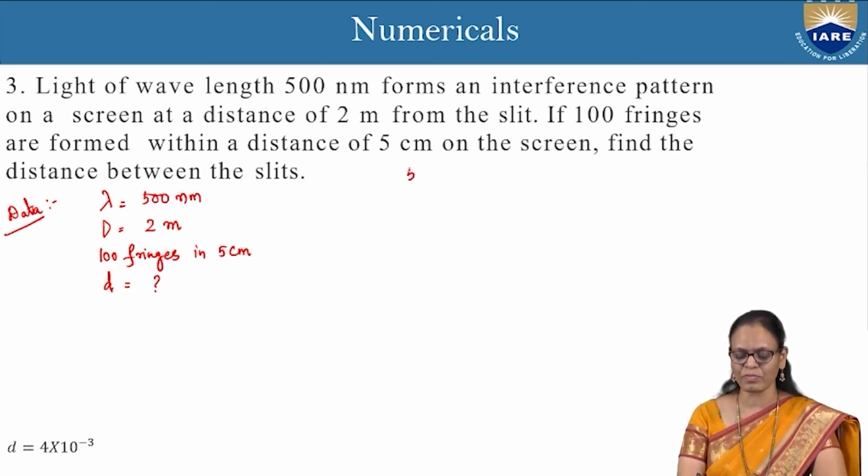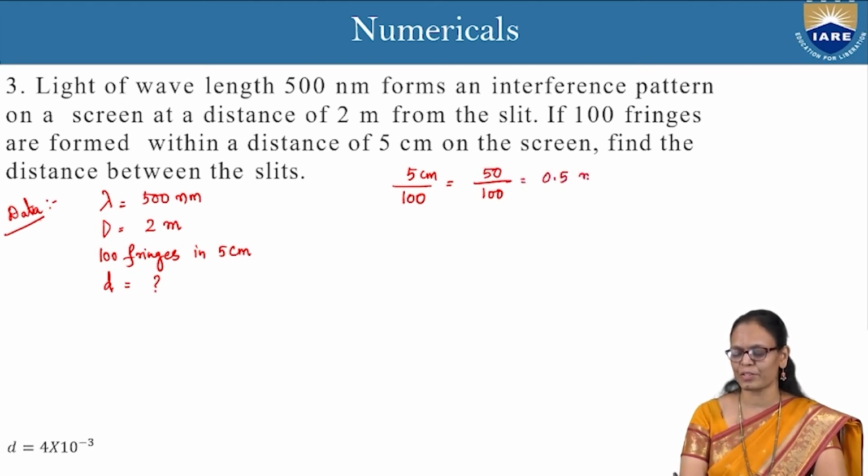So it will be 5 by 100. This is centimeter; I can write it in millimeter also, 50 by 100. So this will be 0.5 millimeter. So this gives us beta, the fringe width.